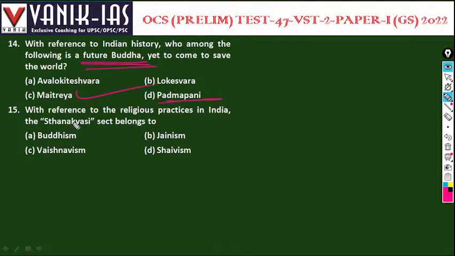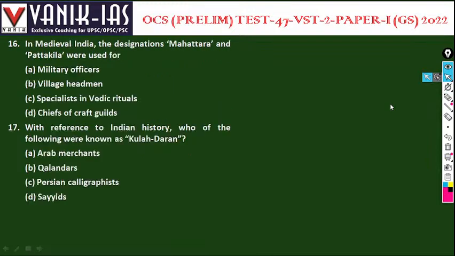It belongs to Jainism, related to the Shwetambaras. You know Shwetambaras and Digambaras. Shwetambaras are those who wear white dress, Digambaras are those who are naked. In these two sects of Jainism, Digambara and Shwetambara, Bhadrabahu and Sthulabhadra. So here it is Jainism, Sthanakvasi sect.